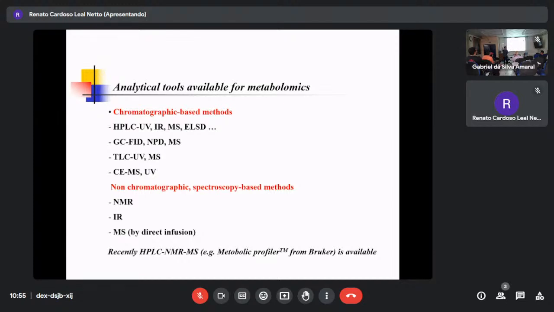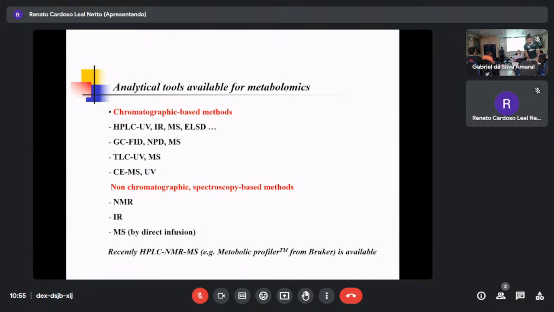So at that time they used the evaporative light scattering detection method. The sample becomes very small particles, like fog, then they shine a laser, it is reflected, and they measure that. This is a reflective method.